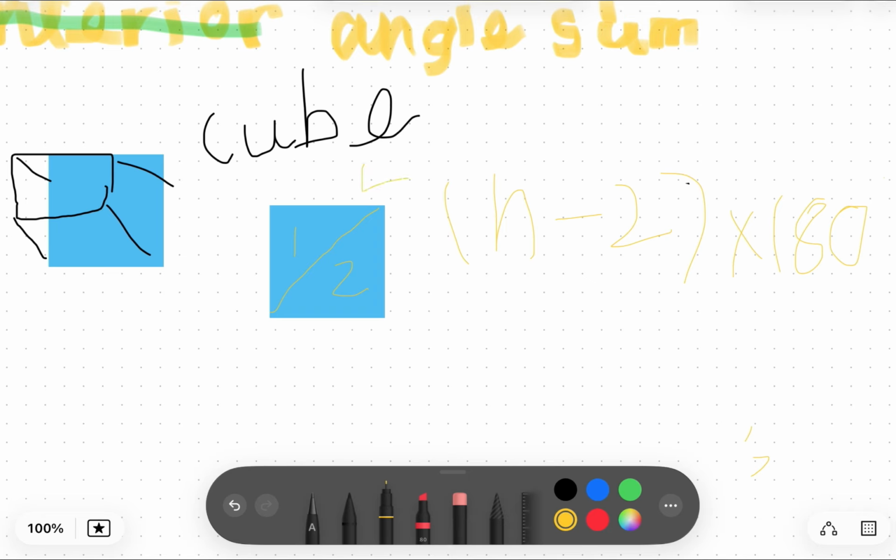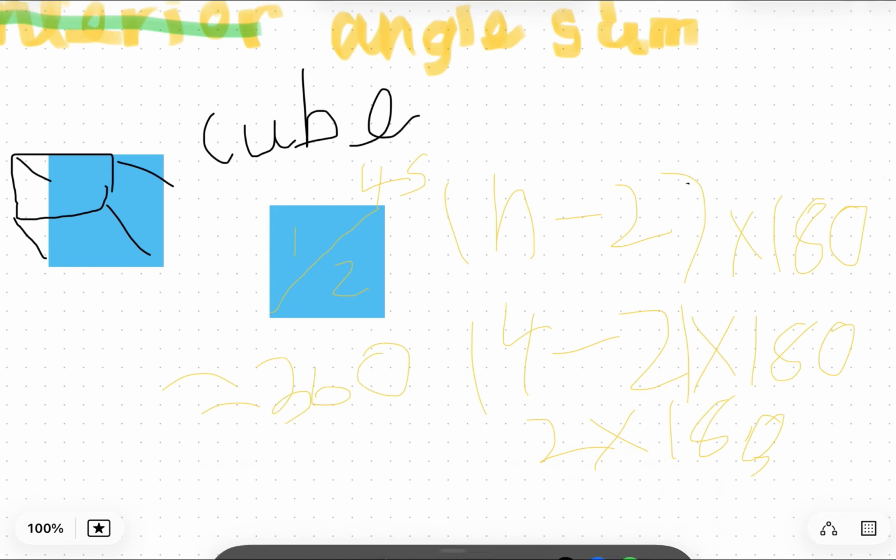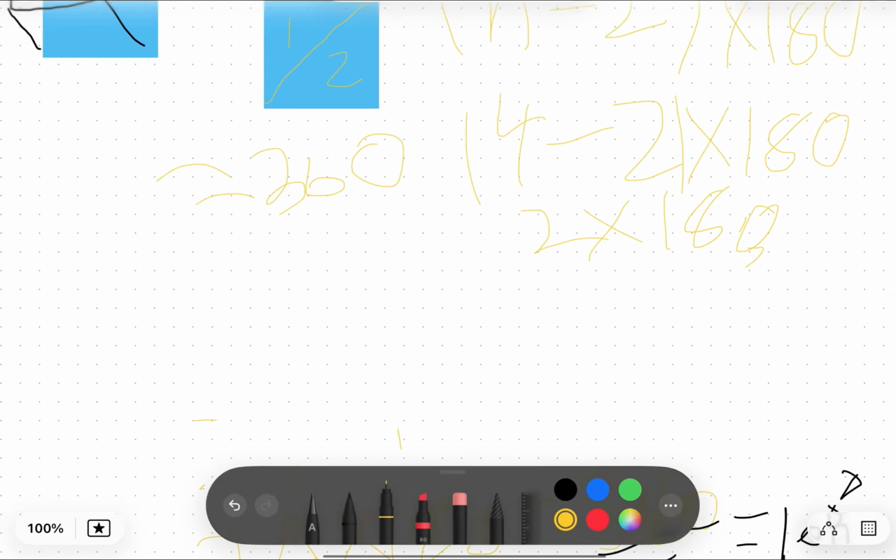So there are 4 sides. So 4 minus 2 into 180, parentheses, 2 into 180. Again, we got 360 for each face.